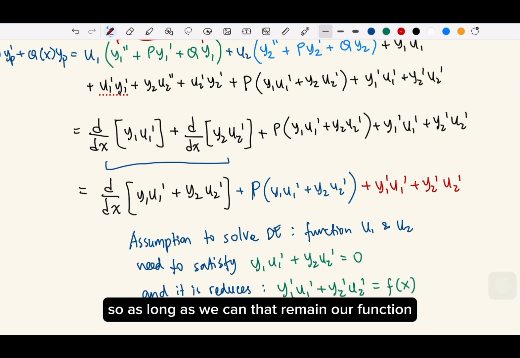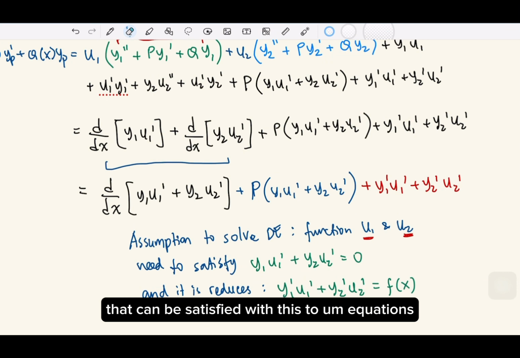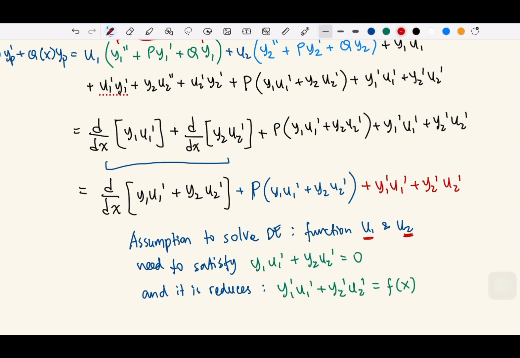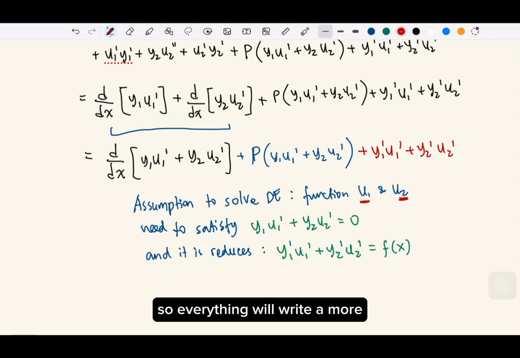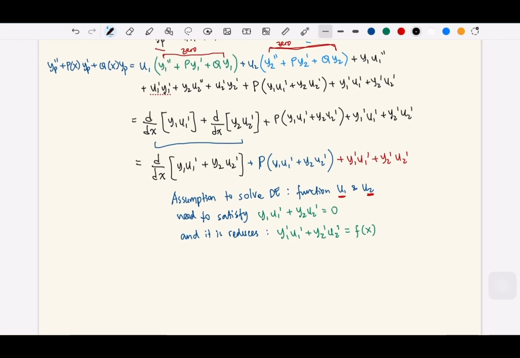So as long as we can determine our functions that satisfy these two equations, let me write it in a clearer way.